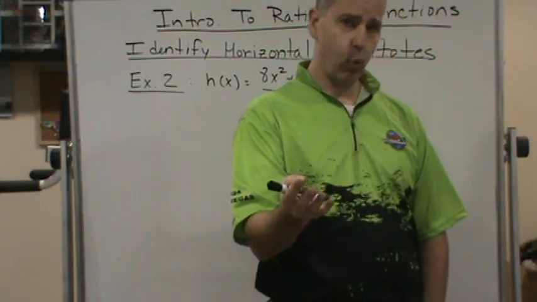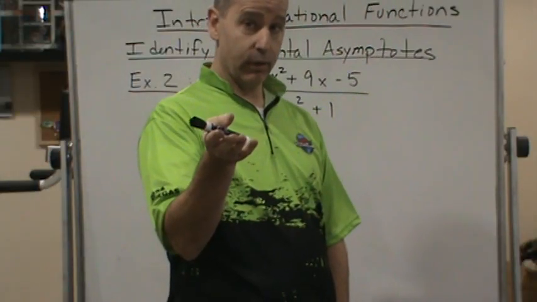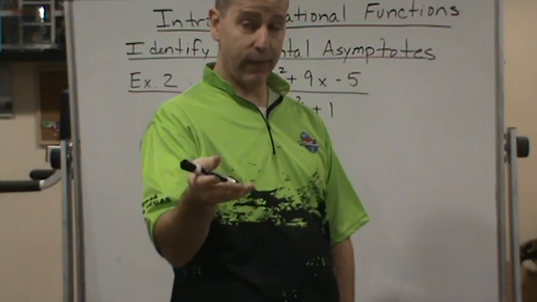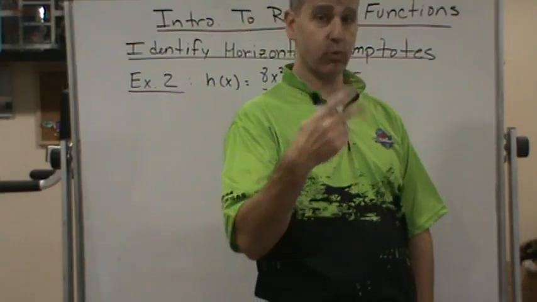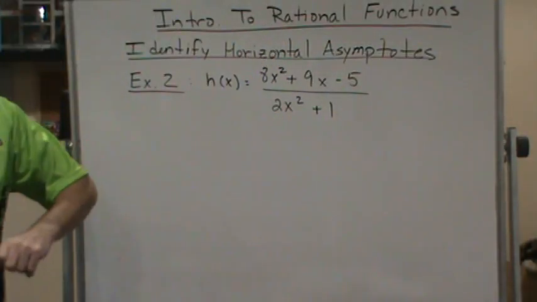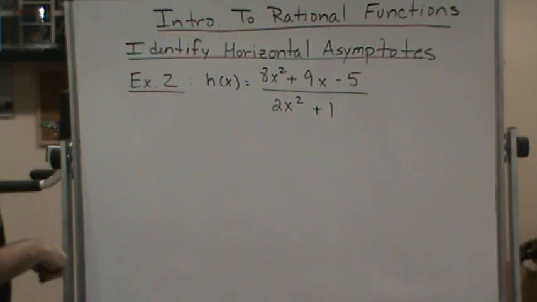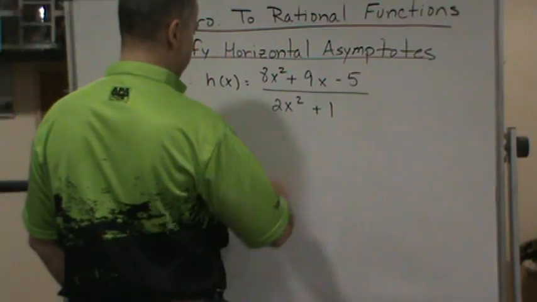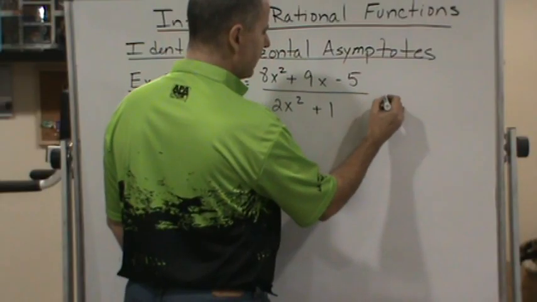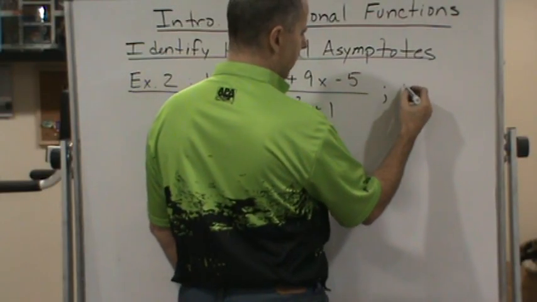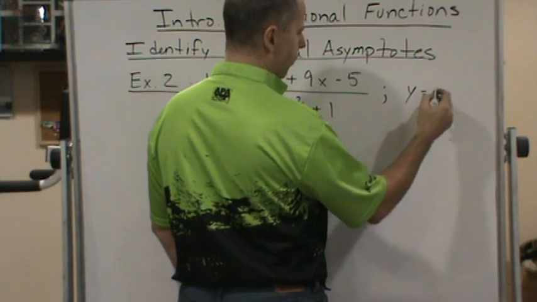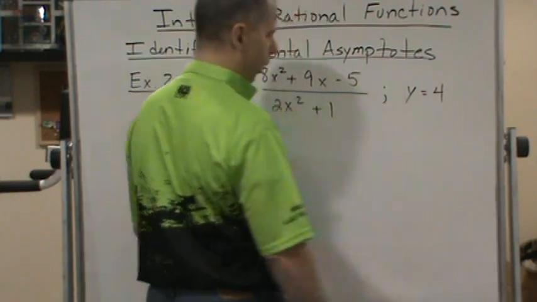How do we find where it crosses, if it does? That's where we're going to use an example to demonstrate. We take this from a previous example, this was h of x, and we saw that the horizontal asymptote occurs at y equals 4.